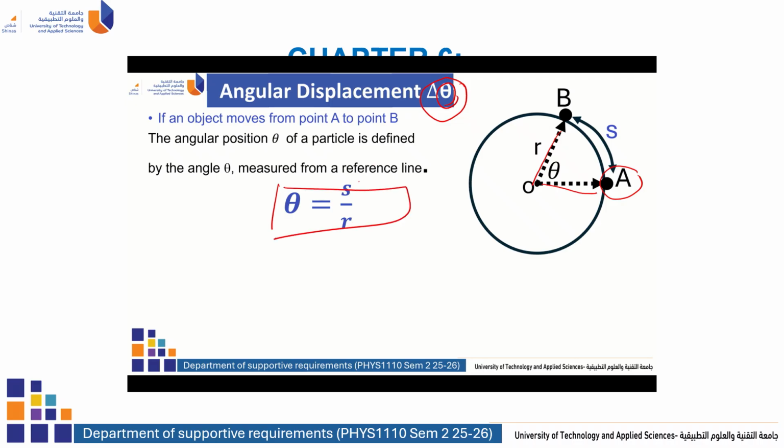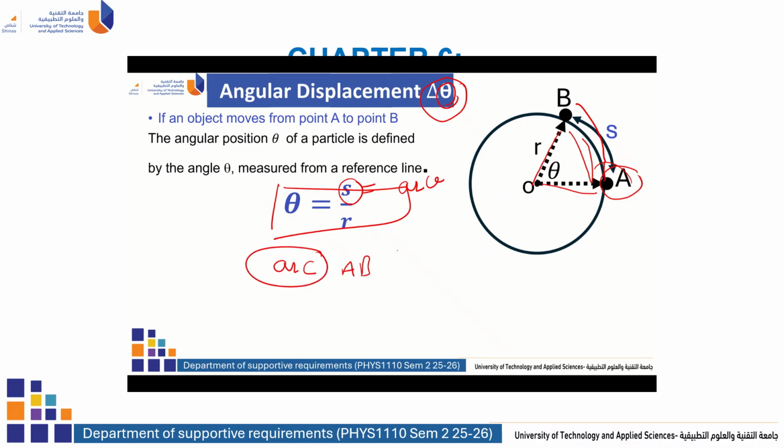So what is this s here? This s is basically an arc, the length of the path which is moving from A to B. The exact name is arc AB.